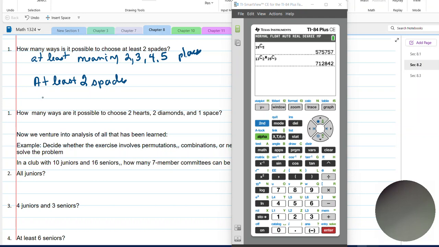So that would be in spades, it's 13, choose the 2, times the 39, choose the 3, because that takes care of only 2. Plus 13, choose, no, sorry, 3. It'd be 3 on this one, because we already did 2.